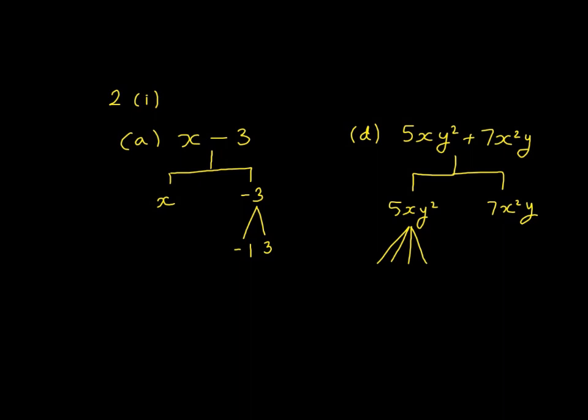Factors of the first term are 5, x, y and y. 5 into x into y into y becomes 5xy square. In the same way, for the second term we have the factors as 7 into x into x into y.